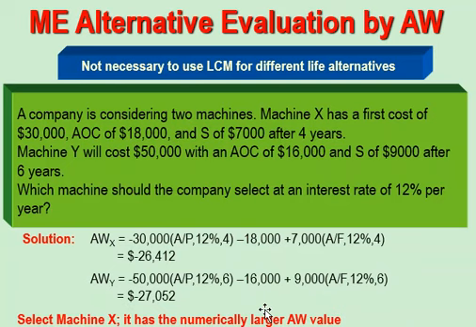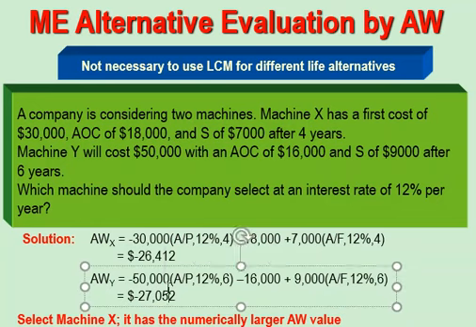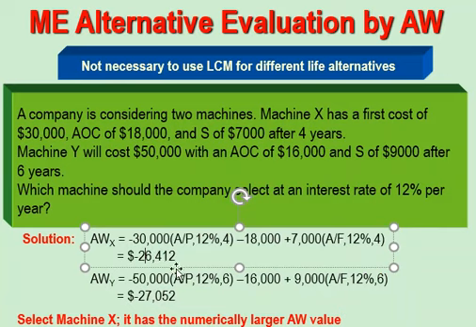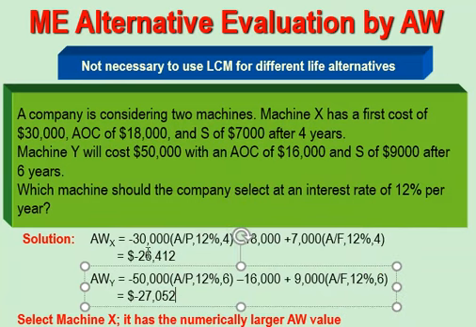That's why we call it a numerically larger value. So if both are negative, I will select less damage. If both are positive, I will select the higher positive value.